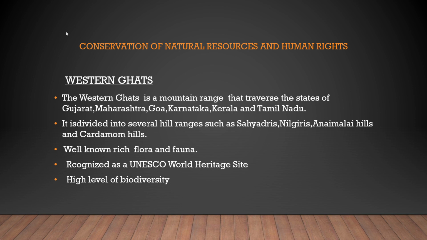Kodaikanal, these are all coming under Ooty. These are all coming under Nilgiris hill ranges, and it's well known for its rich flora and fauna. It is recognized as a UNESCO World Heritage Site. It has a high level of biodiversity.